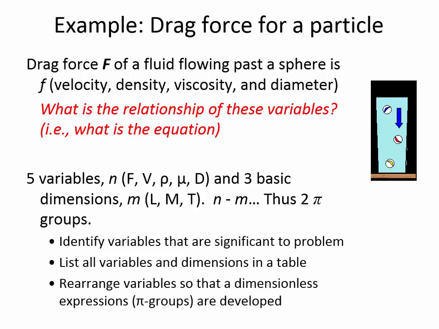So the combination of this and this to get rid of the mass is viscosity divided by viscosity times diameter divided by density diameter cubed, and then that'll leave me with 1 divided by t. And since I've got diameter in the numerator and the denominator, I'm going to erase this one up here in the numerator, and instead of d cubed, it'll be d squared.